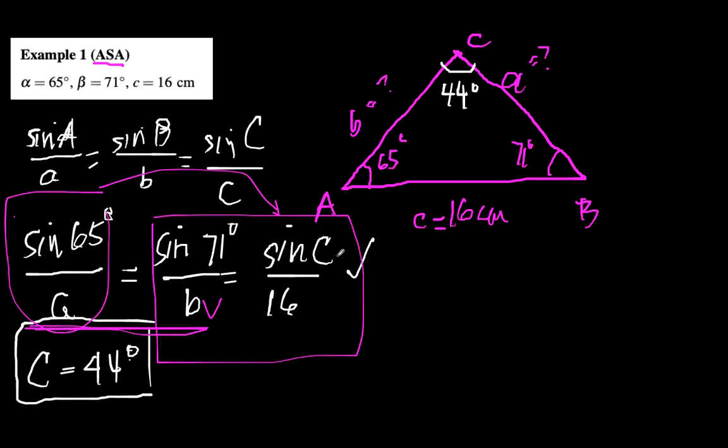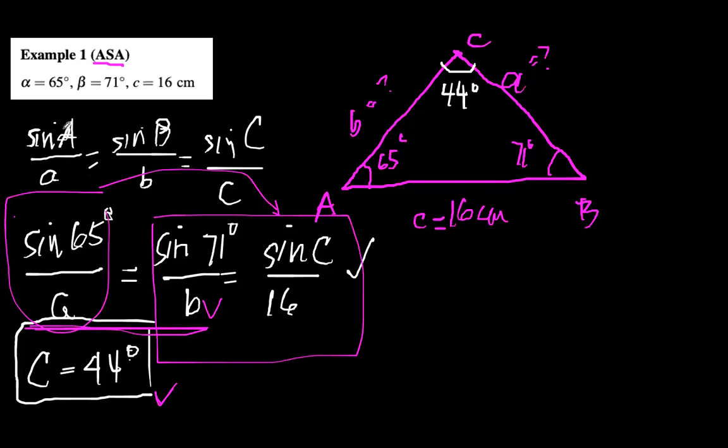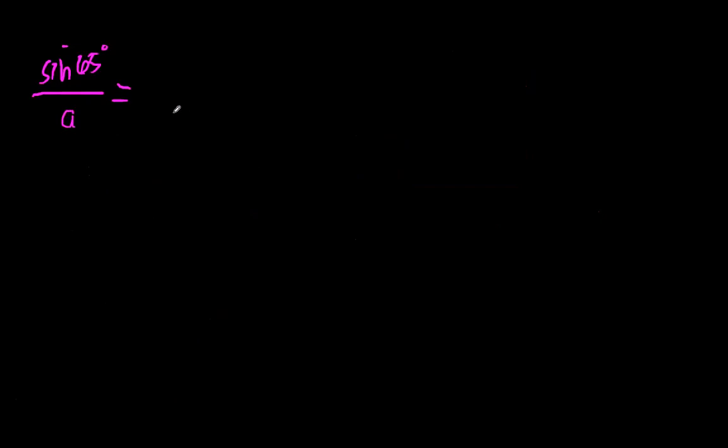Sir, what about C? Didn't we already get C here? Of course, you get it first because it's the easiest to find. I'm discussing this thoroughly, class, so that when you get to the complex part you know how, and I'm not going to discuss those problems thoroughly. So A is equal to, again, we use the last one, sine 44 degrees, that's C, over 16.